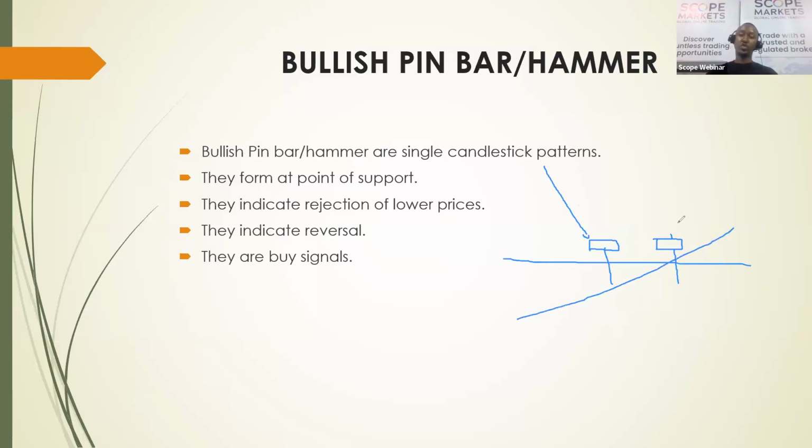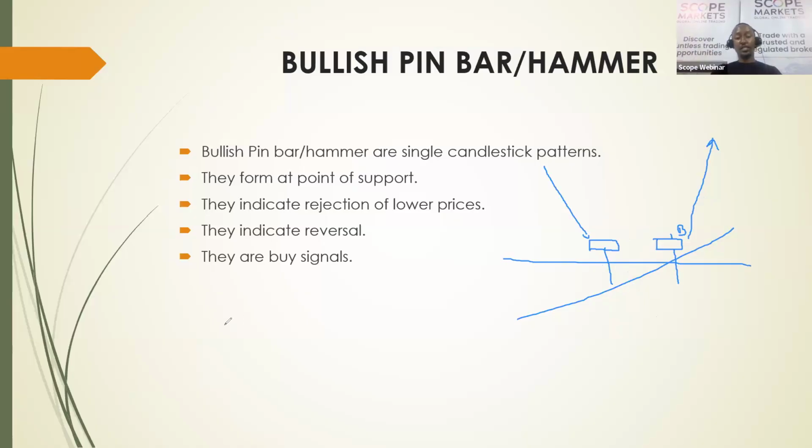Once they form, we look for our buy entries, anticipating the market to reverse and go in the buy direction. We call them buy signals, and also rejection candlesticks because they show rejection of lower prices, or reversal candlesticks because we were in a downtrend. Once they form, we anticipate a reversal to the uptrend.